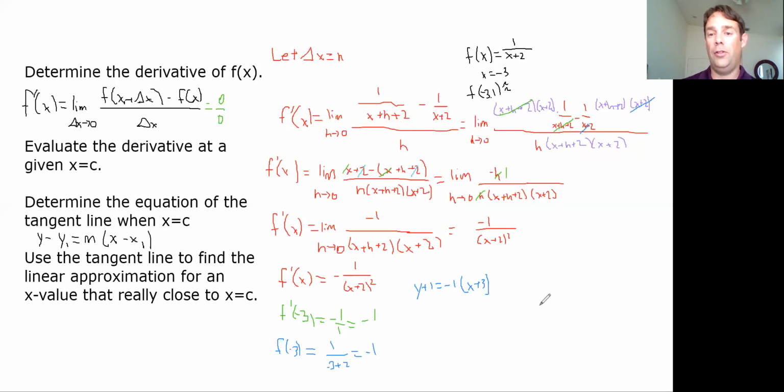And last and certainly least, we're going to use this to do the linear approximation for -3.1. So there we are, -1 times... and again, notice how I use the approximate symbol for that.